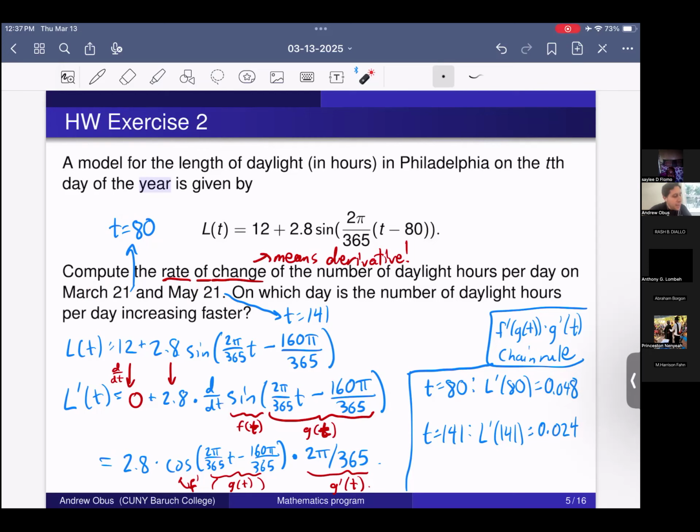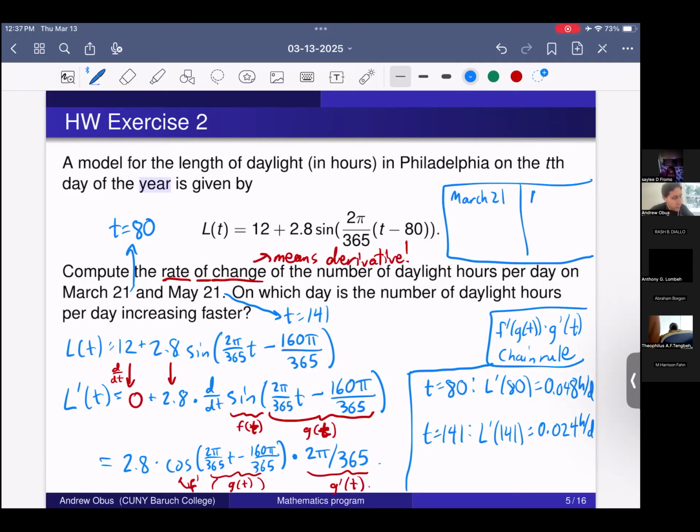And now what does that mean in terms of hours? So this is the rate of change in hours per day, right? So I could write this as hours per day and hours per day. Maybe if we convert it into minutes, let me actually just write it up here. Sorry that we're running out of space.